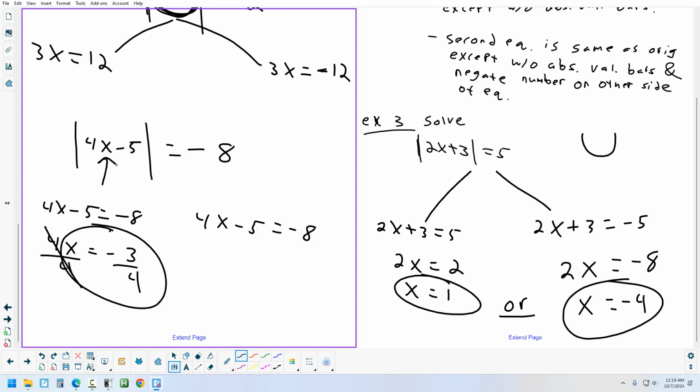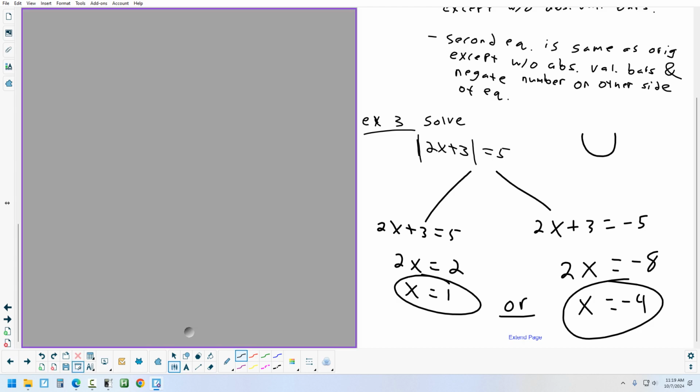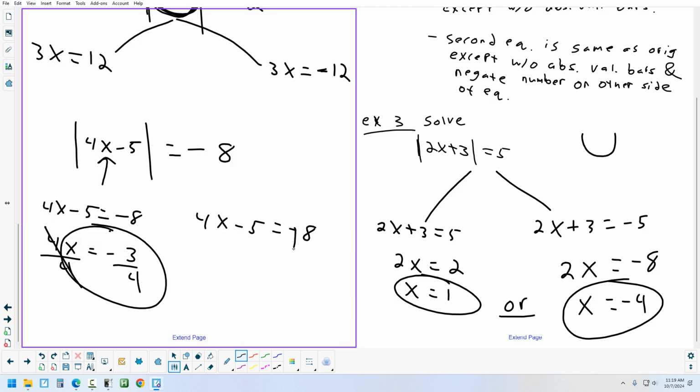Yeah? One with a positive 8. Okay. I didn't even write it as a positive 8. I should have. But even if I plug in that one, because this would end up being positive 8 plus 5 is 13 over 4, positive times a positive is a positive.